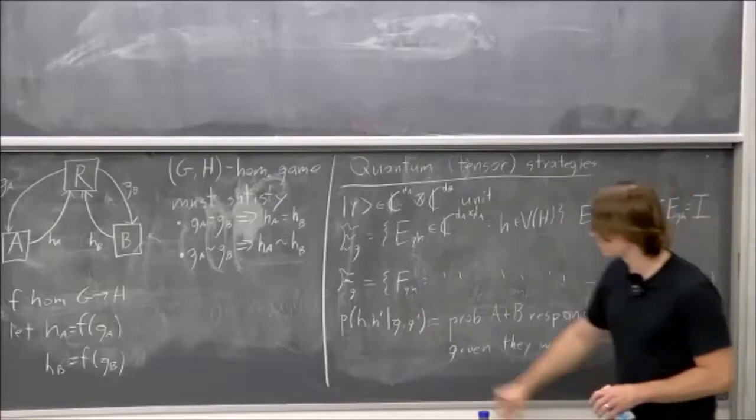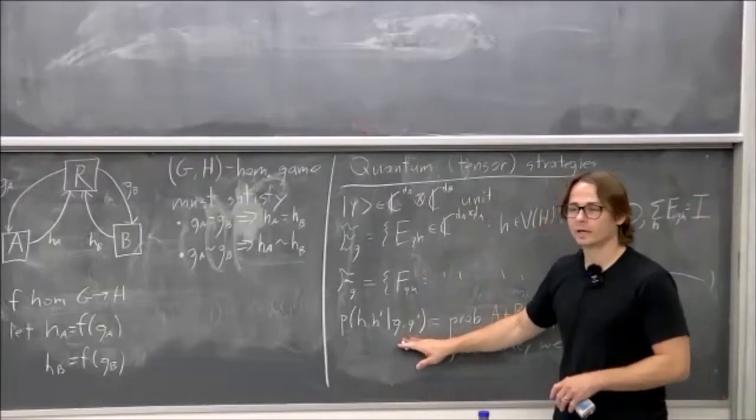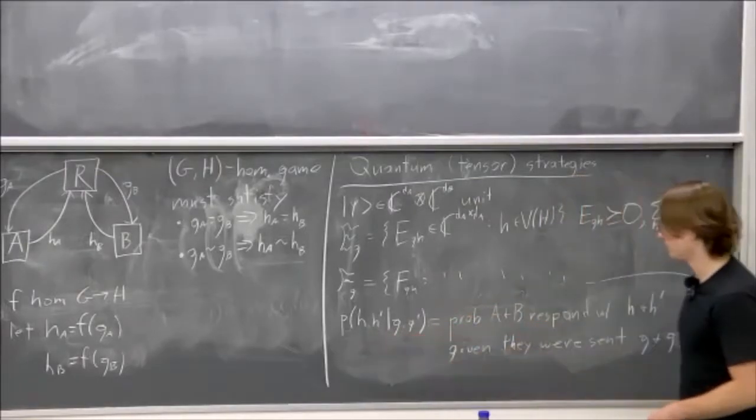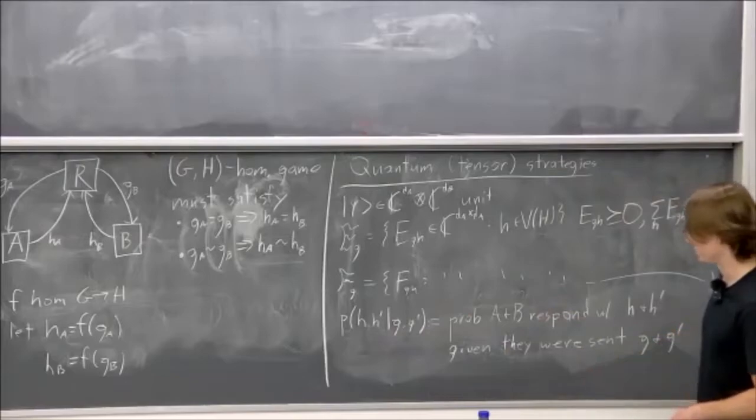So for every possible pair of inputs, they're going to have some probability distribution on the outputs. And that gives this P(H, H' | G, G').